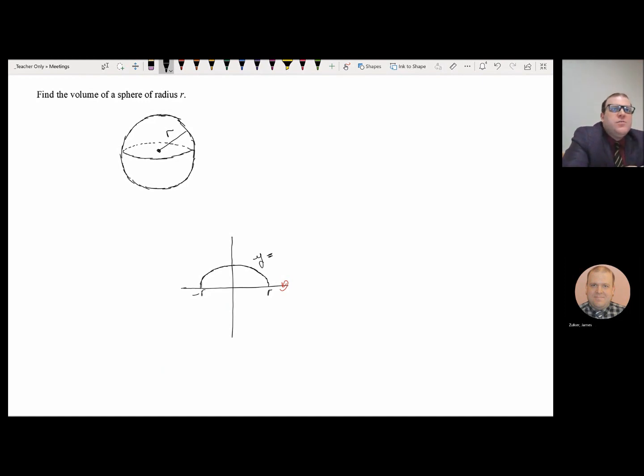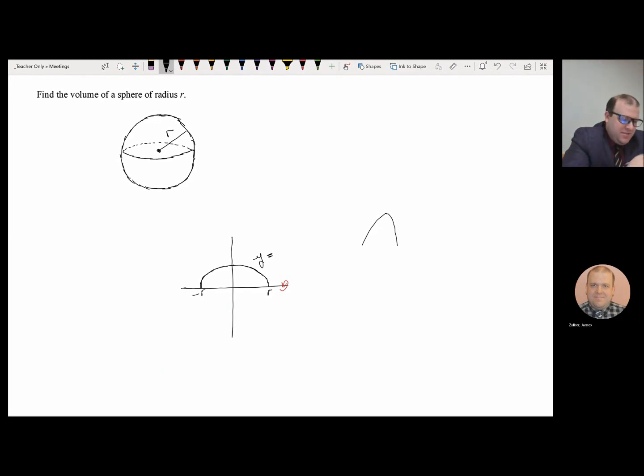How do you represent that curve? That'd be negative x squared.